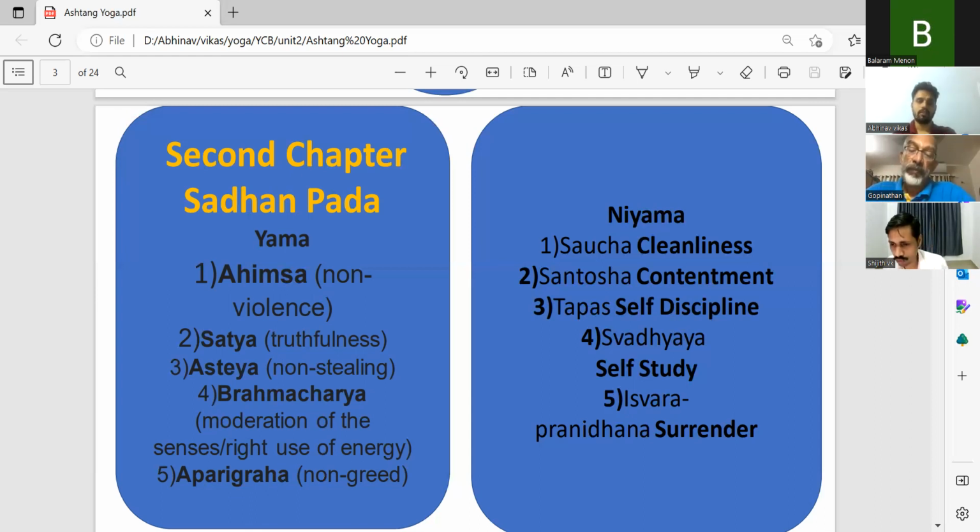Tapas, Swadhyaya, Ishvara Pranidhana we have already seen in the first sutra of chapter 2: Tapas Swadhyaya Ishvara Pranidhanani Kriya Yoga. So they may ask a question like, Tapas, Swadhyaya, Ishvara Pranidhana belongs to what? It may be Kriya Yoga, maybe Niyama. It comes under both Kriya Yoga and Niyama.